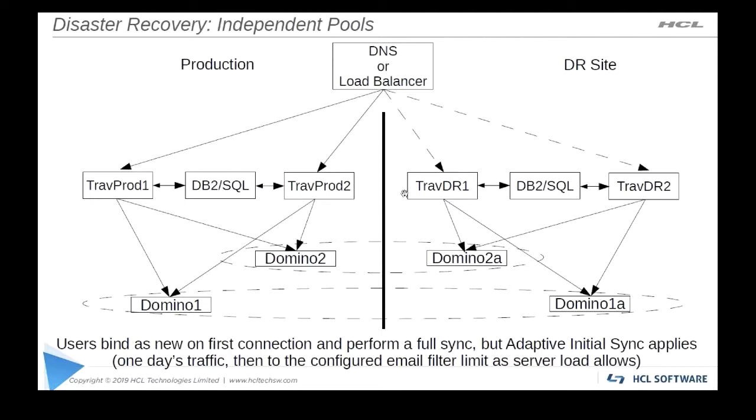There are emerging technologies, especially in virtualization, where it may be possible to pick up your entire production traveler pool, move those virtual machines to another host, and just drop them back in place. Those are mechanisms we have not tested.